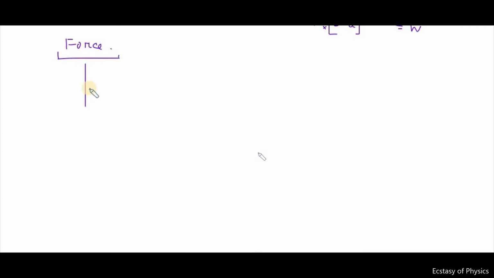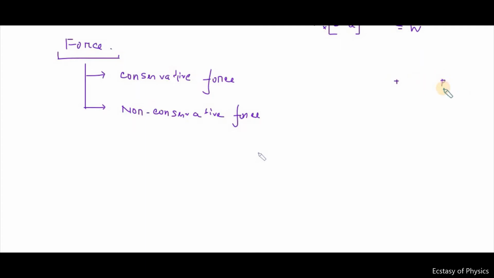One is the conservative force, and the next one is the non-conservative force. To define the conservative force, let's say one object starts its motion from a point P, taking O as the center, and follows a circular path.